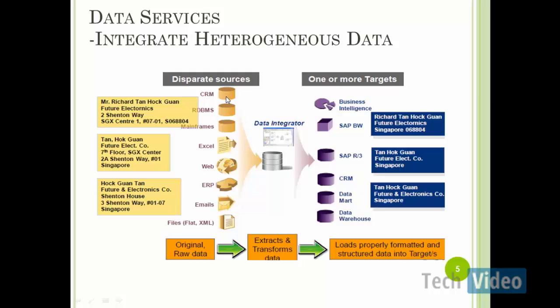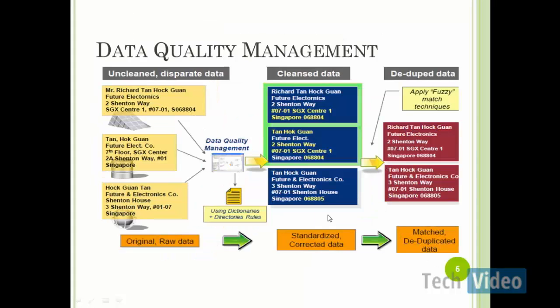We have different data sources like CRM, RDBMS systems, mainframes, Excel sheets, web, ERP, emails and files, and we are going to load them into target systems like SAP Business Intelligence, SAP BW, SAP ARC system, CRM, data mart and data warehousing systems. That is one of the parts of SAP BODS.